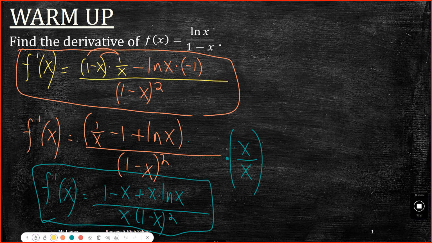Are you guys getting this? Ln x over x minus 1 squared, minus 1 over x times x minus 1. Is this what you guys are getting? That's what I'm getting on the calculator.